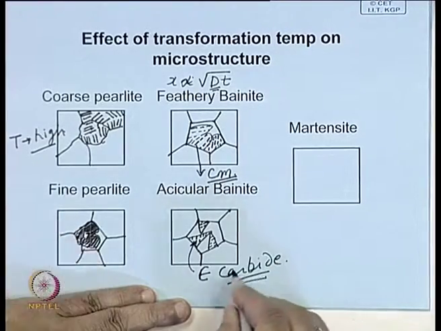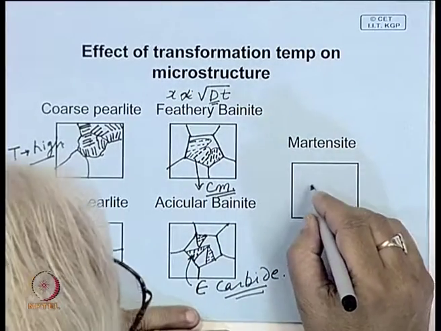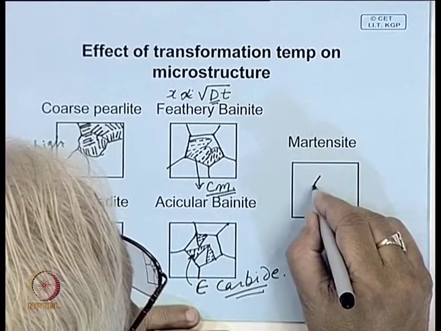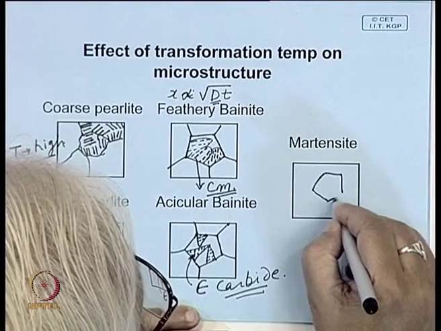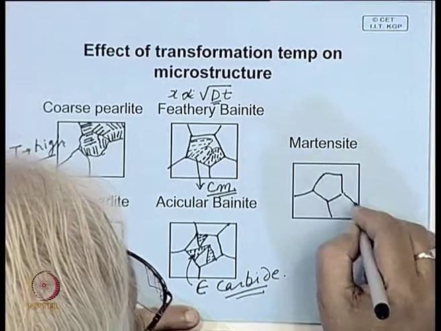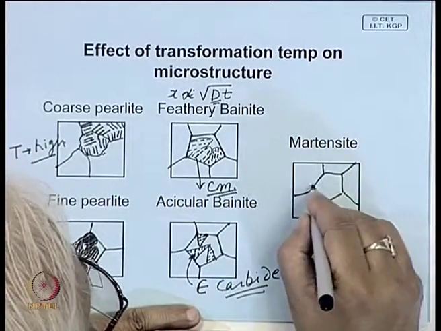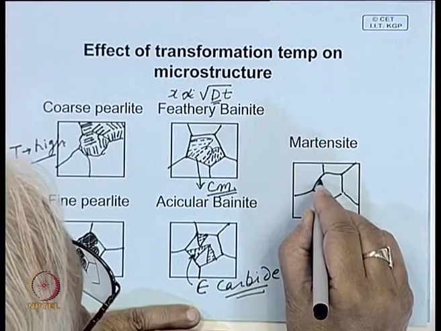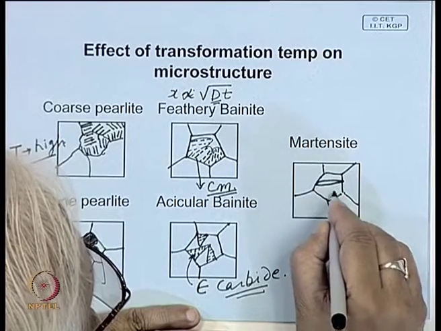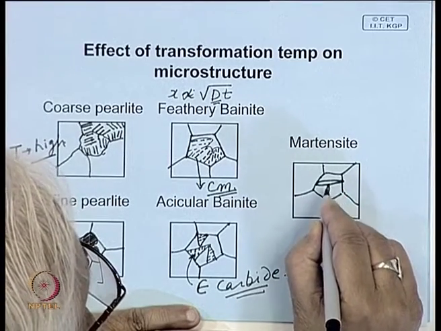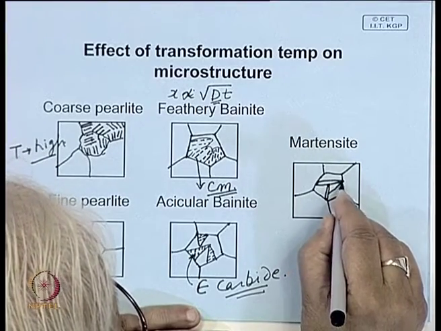This is a metastable carbide. And the martensite structure is also an extremely fine structure, and here also the structure is a needle-like structure, and this growth takes place very fast. That means once a needle forms, it extends over the entire grain. It goes through this, it cannot cross the boundary, and this is the way the structure develops.